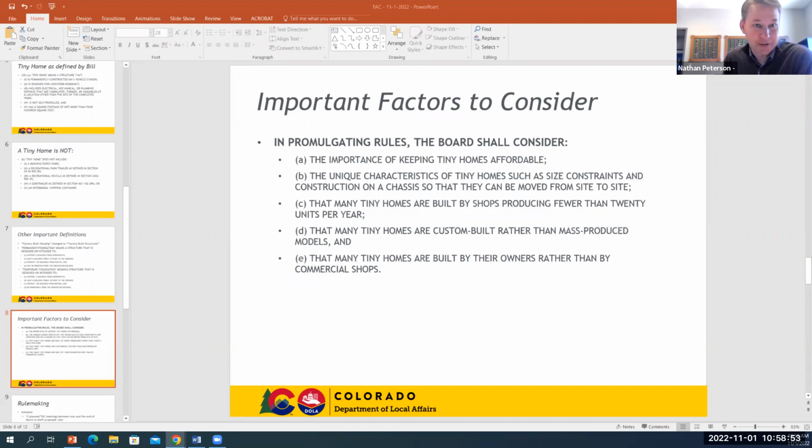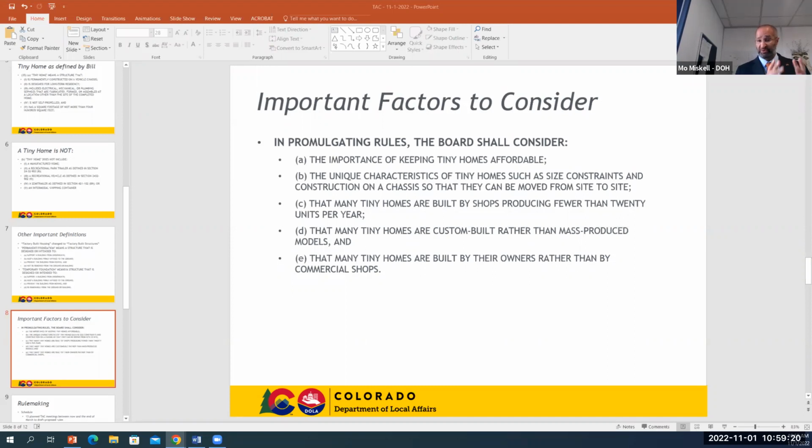And so I guess that point shouldn't be lost on anyone, that a big goal of all this is to find ways for us to keep tiny homes affordable and accessible to people as an option for housing. No, well said. The Department of Local Affairs is geared as a state agency to work closely with local communities, right?